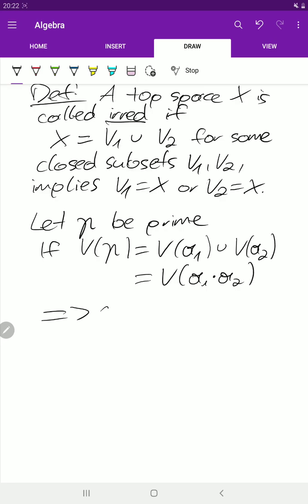Then from previous parts, we know that P is equal to the radical of A1 times A2.